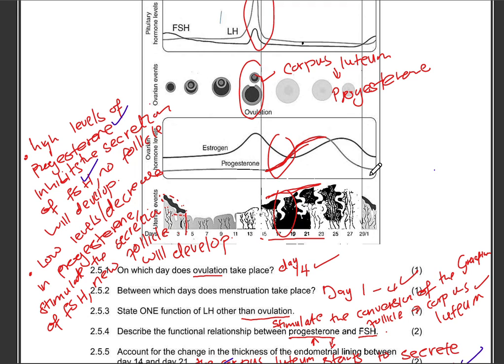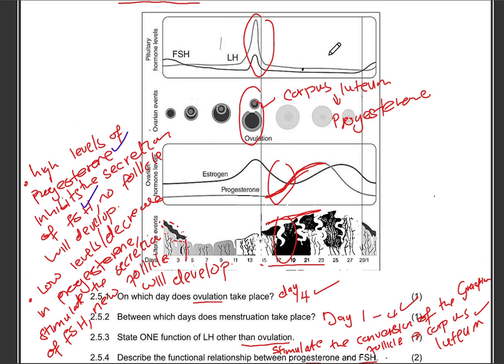What we can also talk about is FSH and LH. What is happening to FSH? FSH starts to increase around day 27, day 28. That means a new follicle is enlarging. We can also talk about LH.